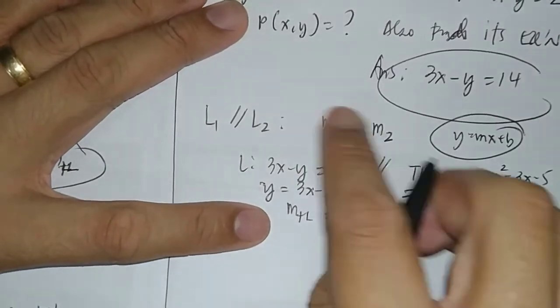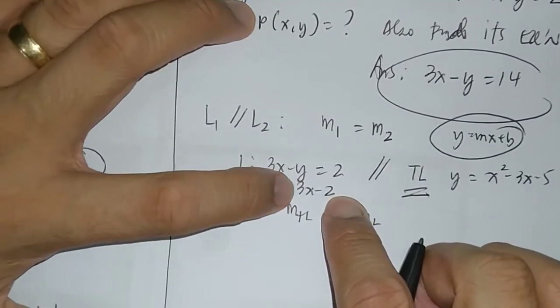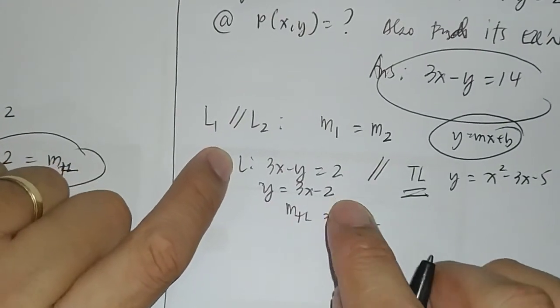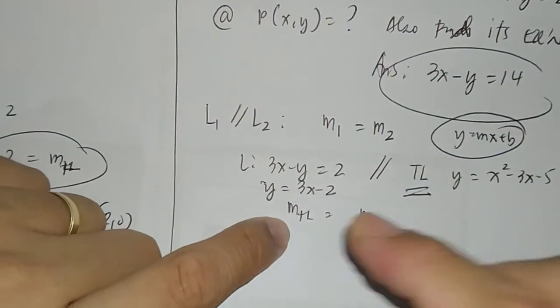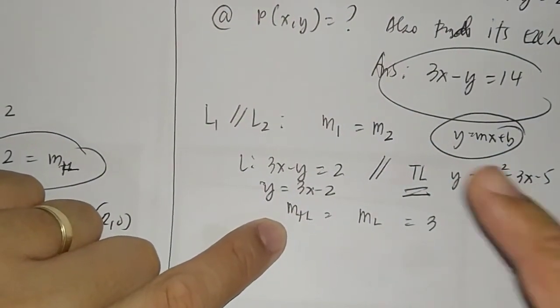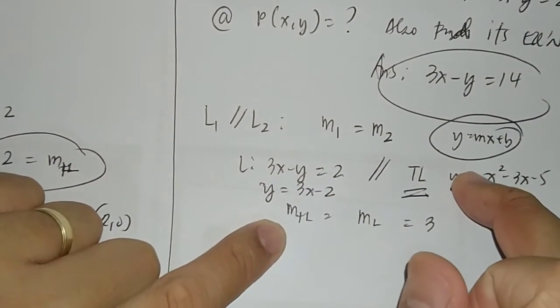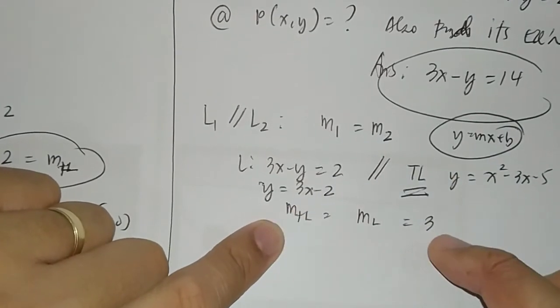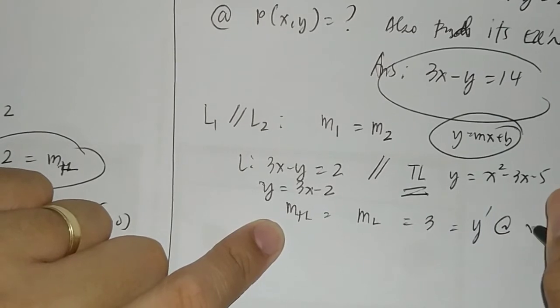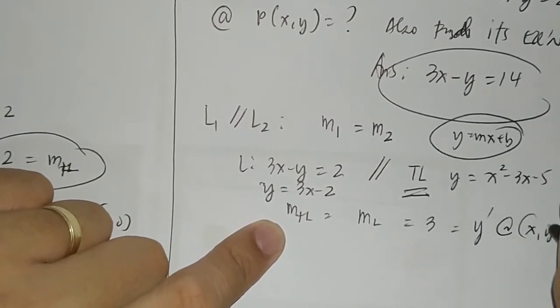you have y is equal to 3x minus 2, transposing that y and that 2. Therefore, the slope of this line is equal to 3, which must be equal to the slope of the tangent line, which is also 3, since they are parallel. Since the slope of the tangent line is equal to 3, then that must be equal to the first derivative at the point of intersection (x, y).